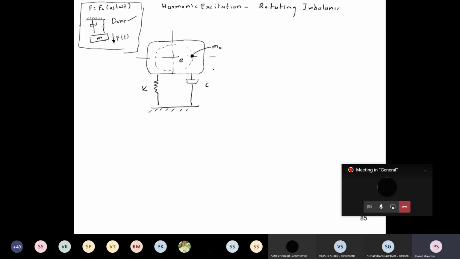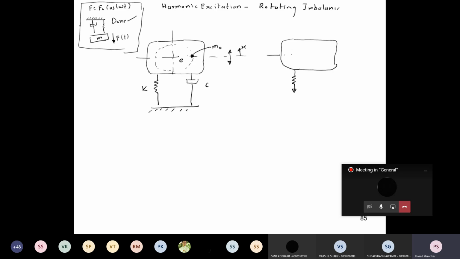All right. So the mass is vibrating up and down. Okay. This is your X. Right. And simultaneously this mass is also rotating. All right. So I will draw the free body diagram of this spring mass system at some point of time t. Right. So, forces will be spring force.